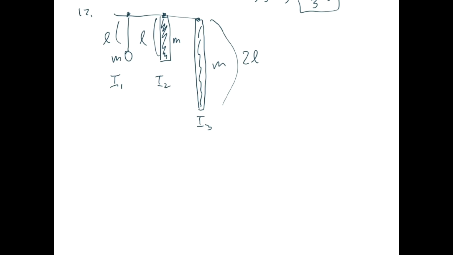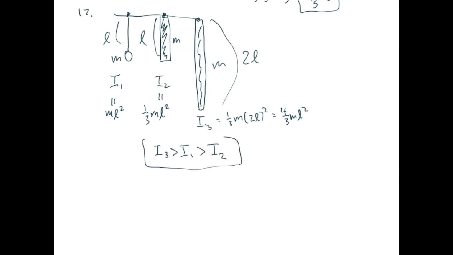For I2, you can use the formula for a uniform rod, which is 1/3 mL squared. For this one, you can use the same formula: 1/3 m times 2L squared, which ends up being 4/3 mL squared. From there, you can see that this is the correct ranking. And that's our answer.